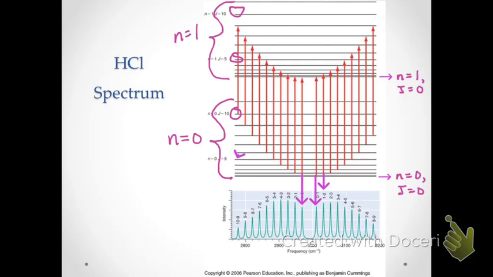On the other side, the red line here corresponds to n equals 0 to n equals 1, J equals 1 to J equals 0. So you can see the rotational quantum number decreases by 1 on that side. And again, this line here corresponds to vibration level 0 excited to vibration level 1. The rotational quantum number changes from 2 to 1, again decreasing by 1.